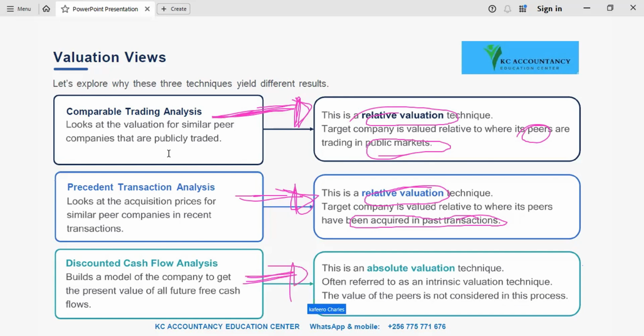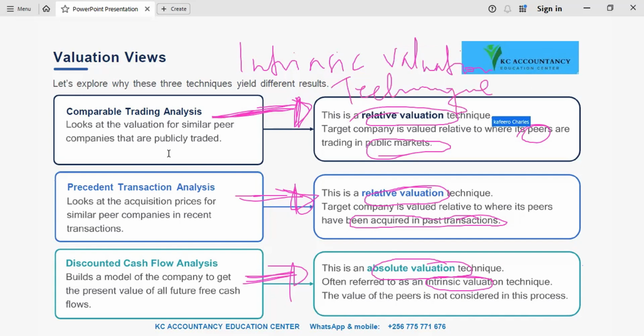And finally, the DCF analysis is an absolute valuation technique. Sometimes it's referred to as an intrinsic valuation technique. Essentially, we are looking at the target company, assessing its cash flows and discounting them back to a present value.